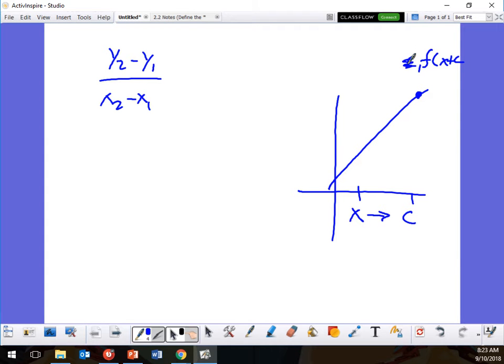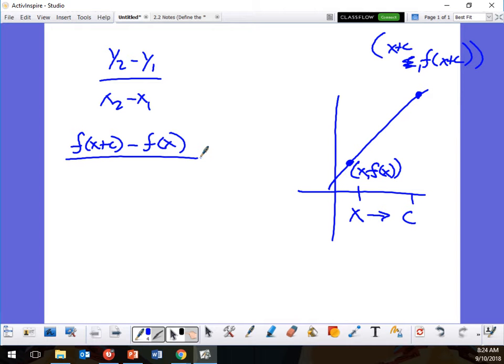And this point right here is my x comma f of x. So it's the slope formula all the time. So there's my f of x plus c minus f of x, over x plus c minus my initial value, which is x.